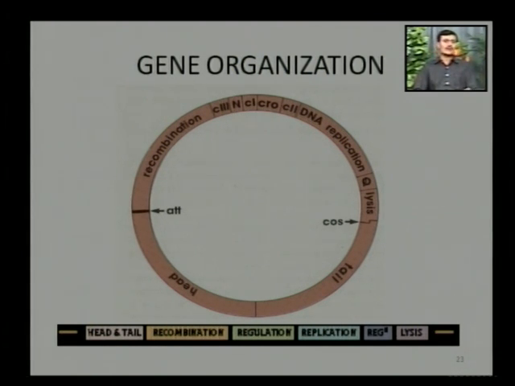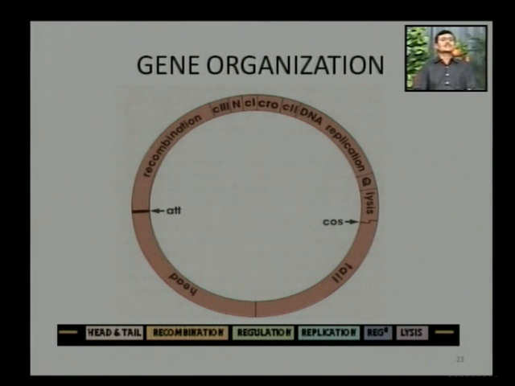On the left you can see the genes of recombination. On the right-hand side are the genes responsible for replication, and in between the genes of recombination and replication you can find various gene regions like C1, C2, N, CRO, Q. These are known as the regulatory region. Near the replication region you can also find the genes responsible for causing lysis.